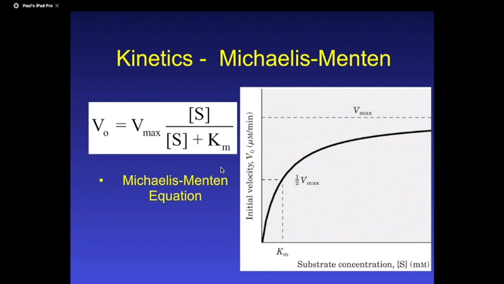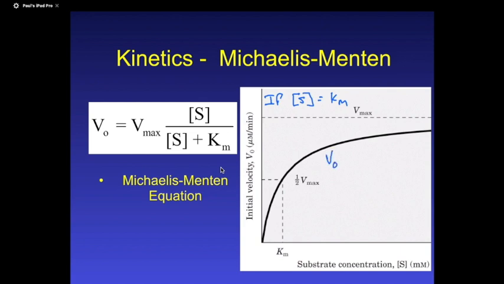I'm going to show you something. If the substrate concentration is equal to Km, if the numerical value of the substrate concentration is equal to the rate constant of this Michaelis-Menten, what does that do to the equation?